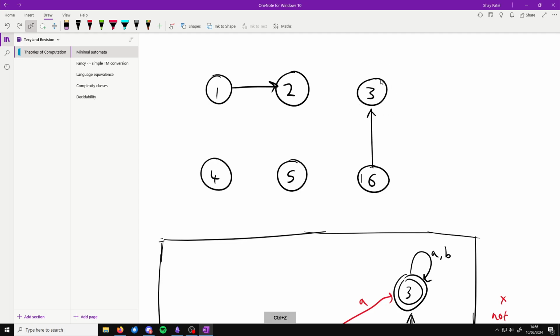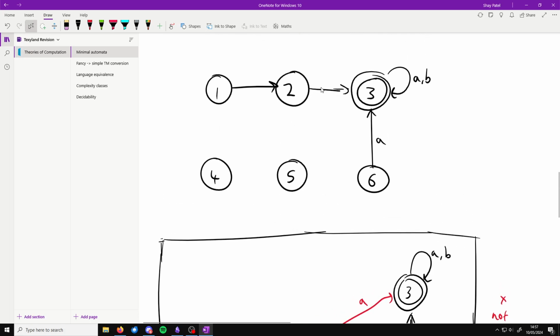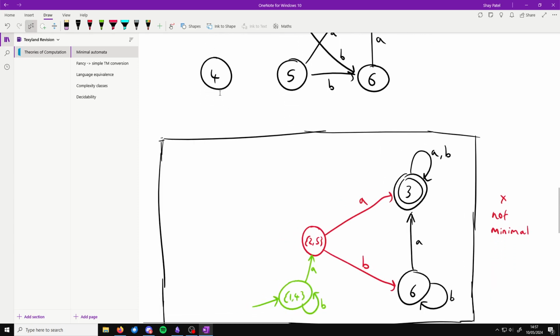This was an accept state. I would control Z, but then we lose all of these steps. Okay, and then this had A going to here, this had A going to here, this had B, this had B, I believe.